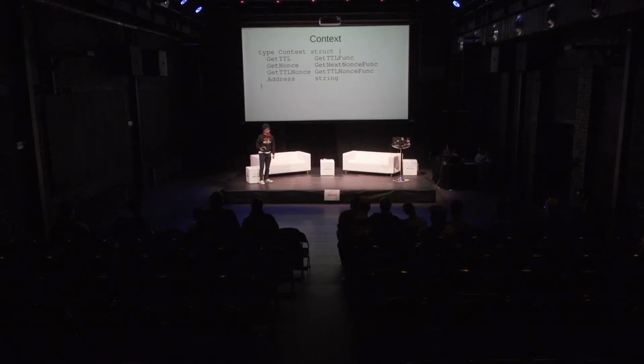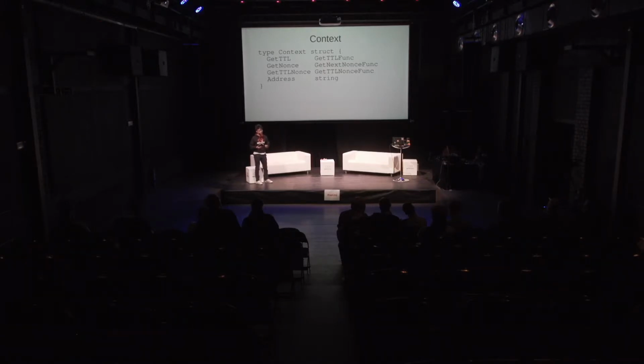Let me explain more about the context and why this is important. When you are creating a transaction, you always have to specify the sender and his account nonce. And how are you going to find that out? You maintain a connection to a node, and you keep asking the node what the account nonce of this sender is.